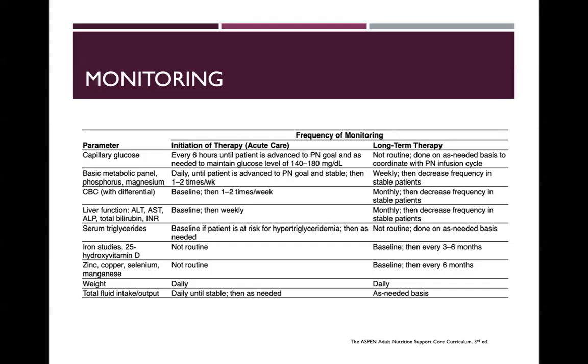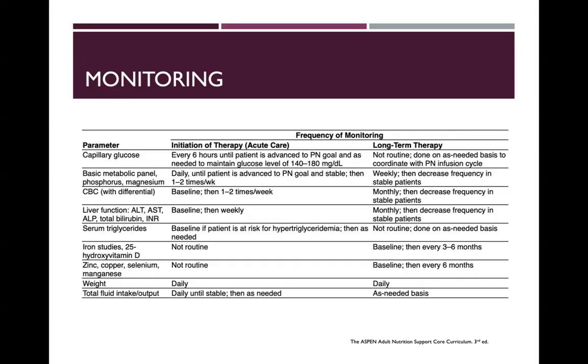complications. BMP, phosphorus, magnesium, calcium, all these things because we are providing these electrolytes. And it gives us an idea of the patient's serum levels of these electrolytes as well as the hydration status, the tonicity and osmolality, all these things that we make sure that we are providing just sufficient amounts.